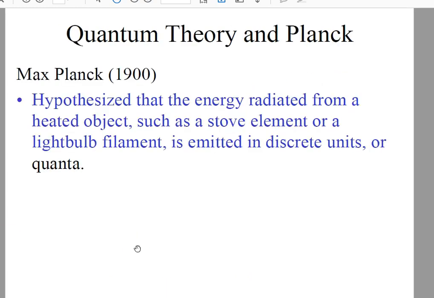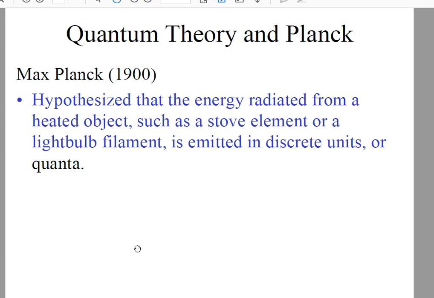All right. Now we're going to talk about the quantum theory of the atom. This is how we understand the arrangement of the electrons, based on the quantum theory. So we'll start laying the basis for that. First off, there was a man named Max Planck, and we'll hear about Planck's constant, and that's where this came from.